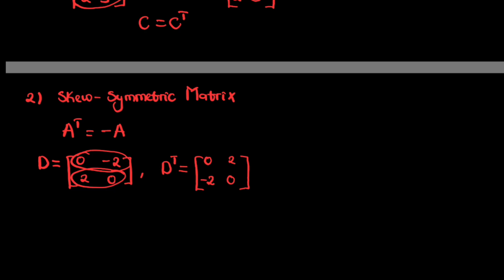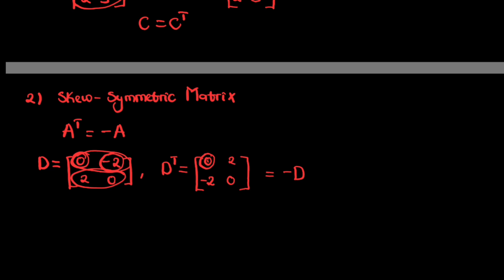Now let's see. This is the same as minus the original matrix. Let's see. This first element 0 and this first element here 0. 0 does not change, the sign does not change. So we have 0 and we have 0 here. Let's take this one. Minus 2 was in the original matrix, but here we have 2. So the sign has changed.